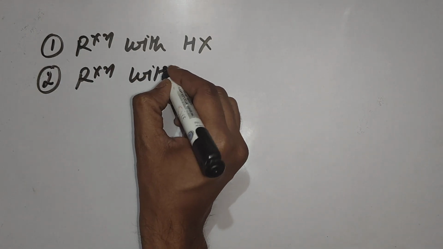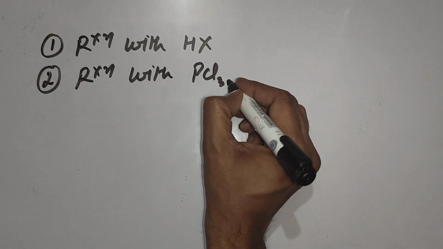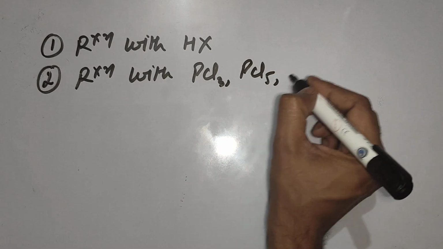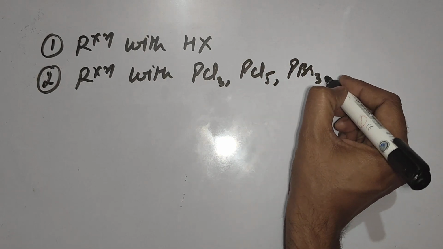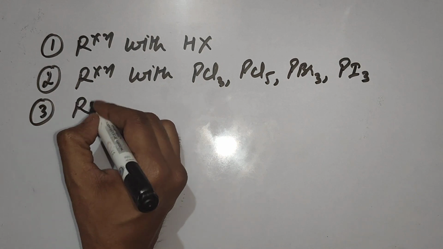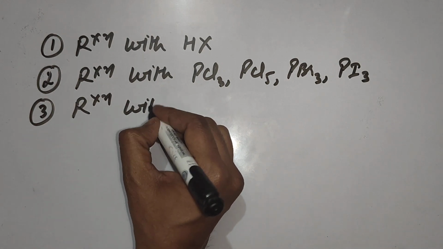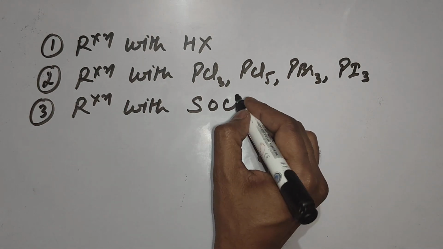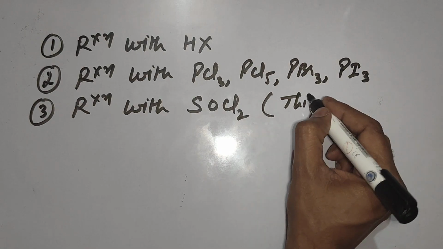Number 2, reaction with PCl3, PCl5, PBr3, PI3. Number 3, reaction with SOCl2, thionyl chloride.